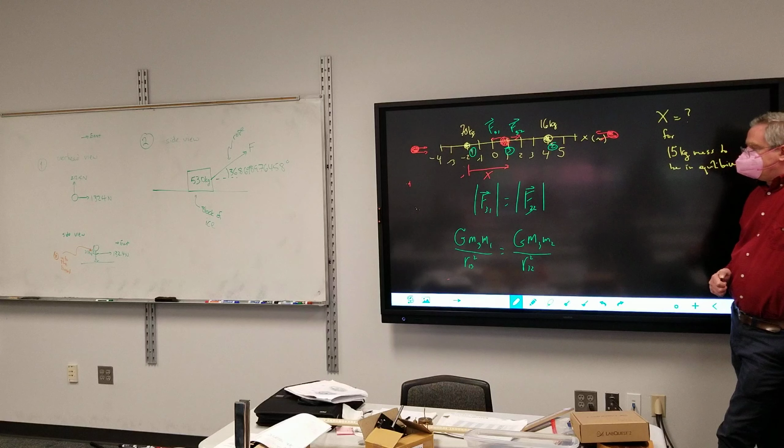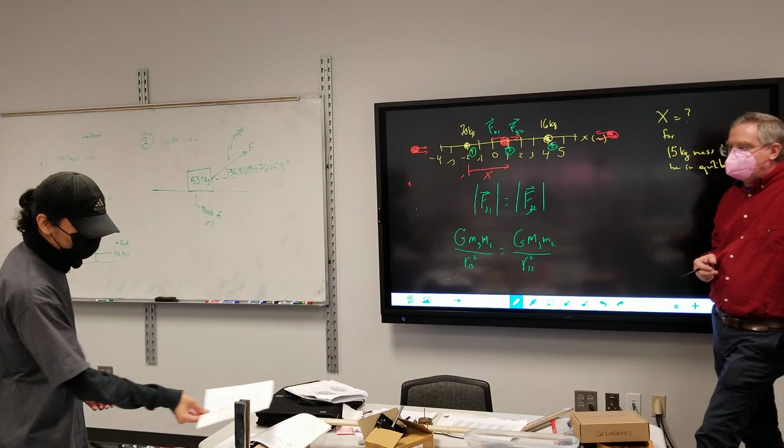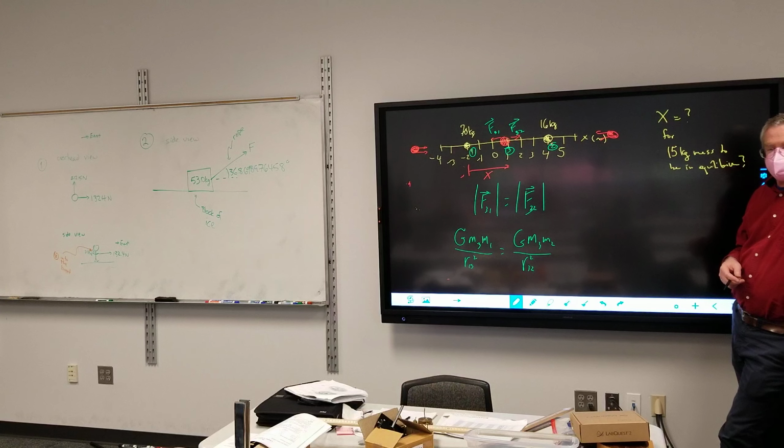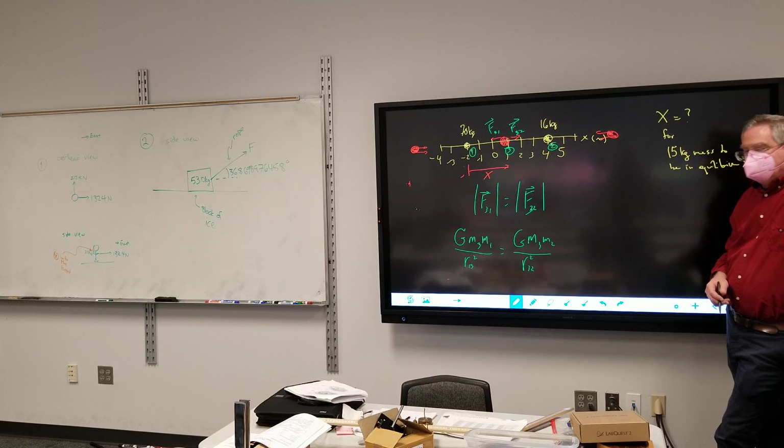Now, I've seen some students faced with this just pulling in numbers at this point. Sure, if that's what you're into. However, we can simplify things a great deal by canceling out common factors. So what's going to be common between them? What can I get rid of? The big G and then mass 3.